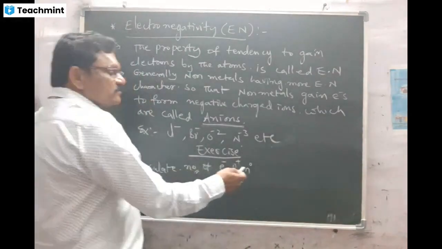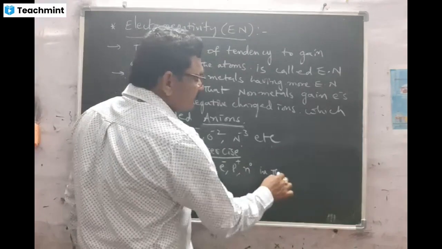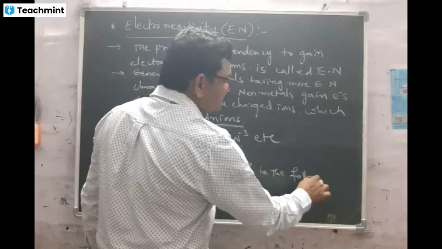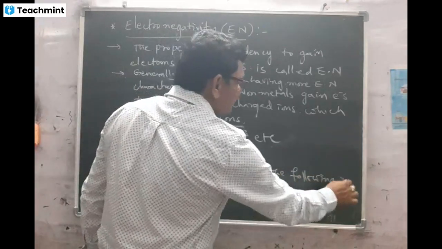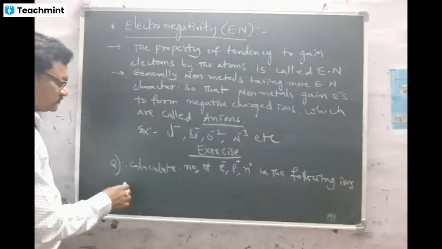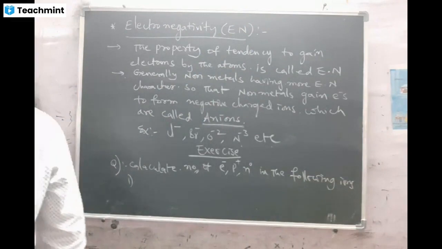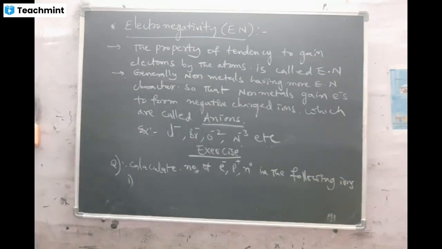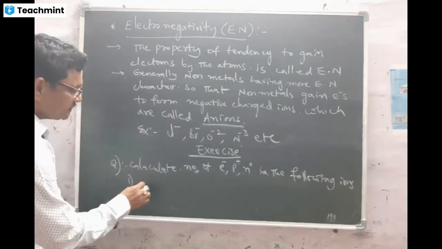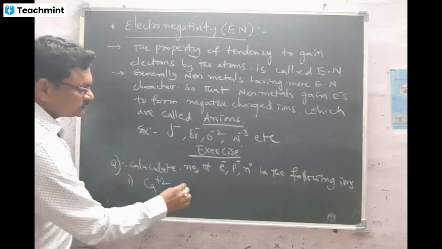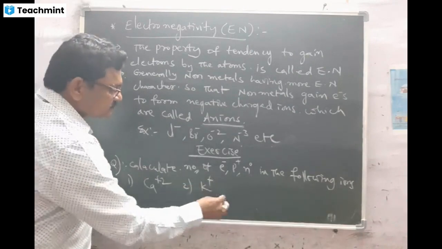Calculate the number of electrons, protons, neutrons in the following ions. The following ions I write here: Ca plus 2, then second one K plus.